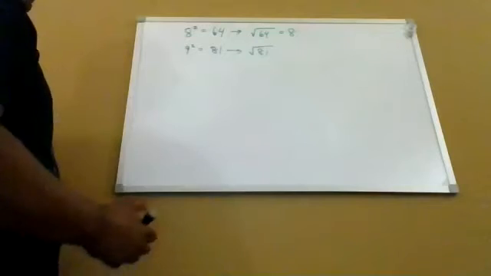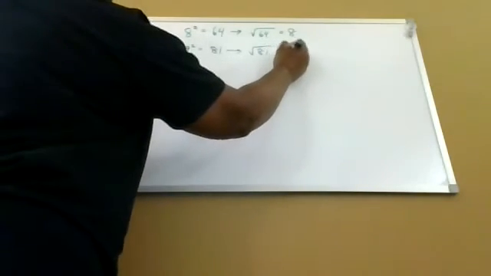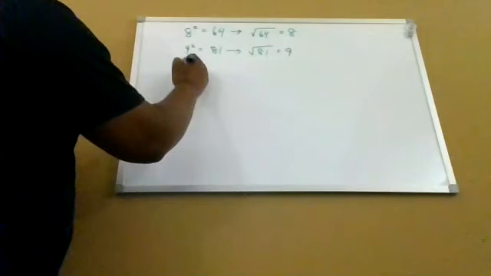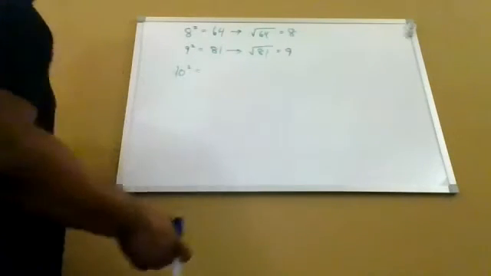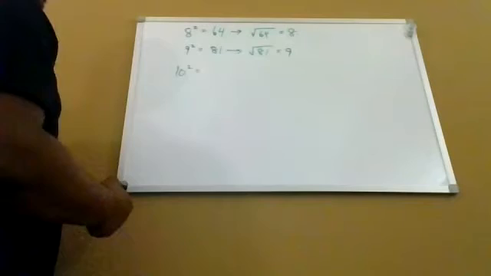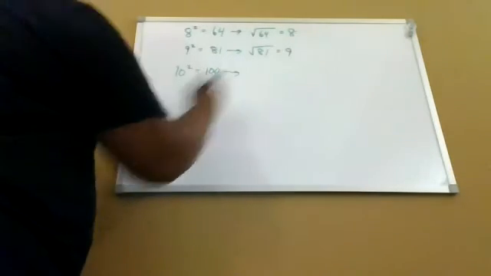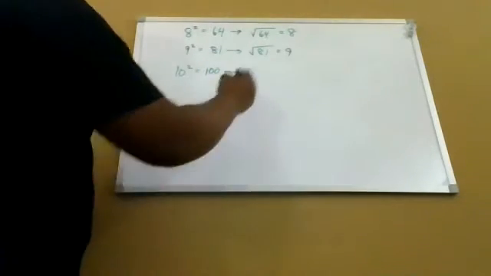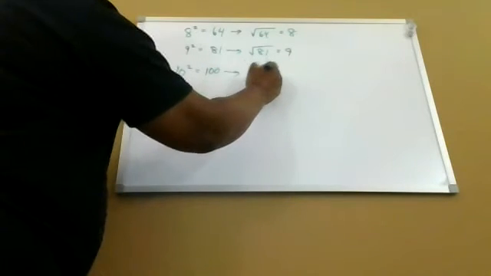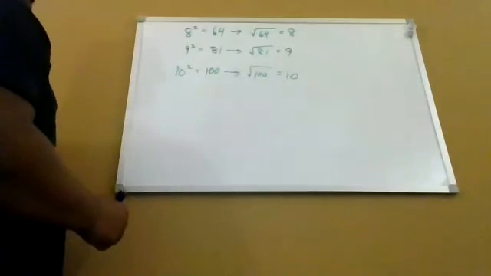So the square root of 81 equals 9. 10 squared means 10 times 10, which is 100. And so the square root of 100 is 10.